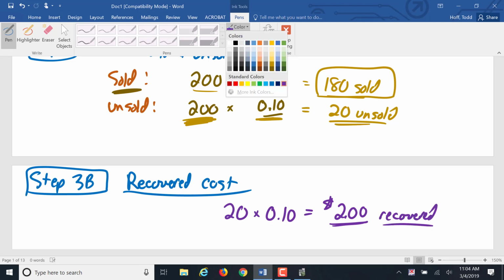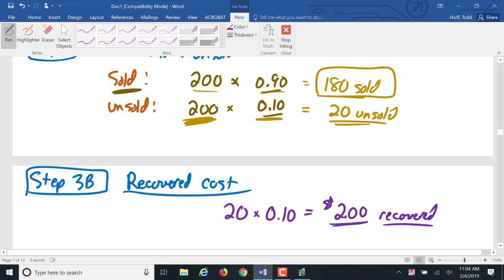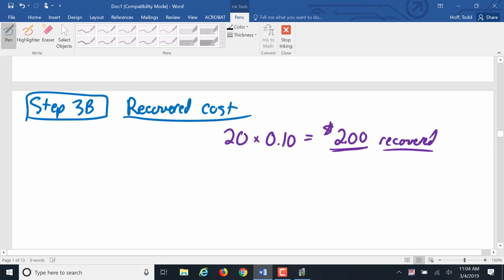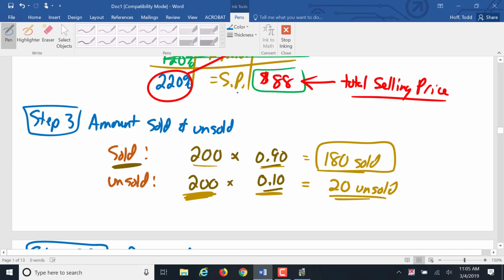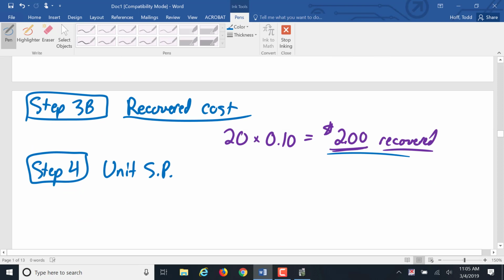Now that doesn't sound like much, but for step 4 now, when we go to find the unit selling price, we have to account for that $2 that's recovered. So we need a total selling price of $88.